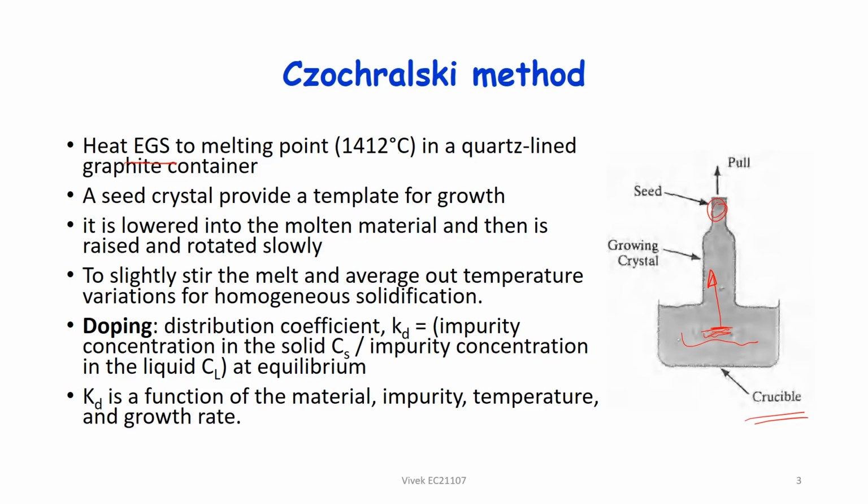While it is solidifying, it arranges itself in such a way that it follows the pattern of the crystal. So what we get is a single crystal silicon rod. This becomes a big rod.